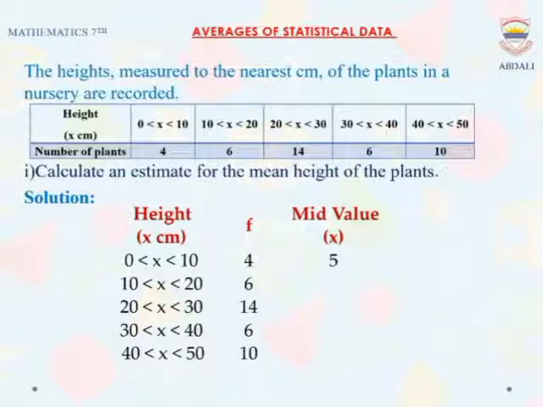We can see that between 0 and 10 the mid value is 5, and in 10 to 20 the mid value is 15. In 20 to 30 the mid value is 25, in 30 to 40 the mid value is 35, and in 40 to 50 our mid value comes as 45.